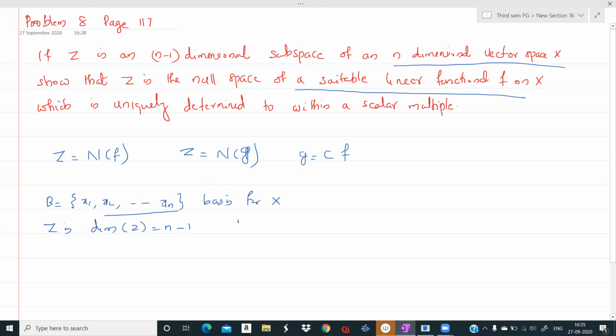So let the basis of Z be, say, x2, x3, etc., xn. Now since this B is a basis for capital X, whichever element x we take in capital X, that x can be uniquely represented as alpha 1 x1 plus alpha 2 x2 plus etc. plus alpha n xn.